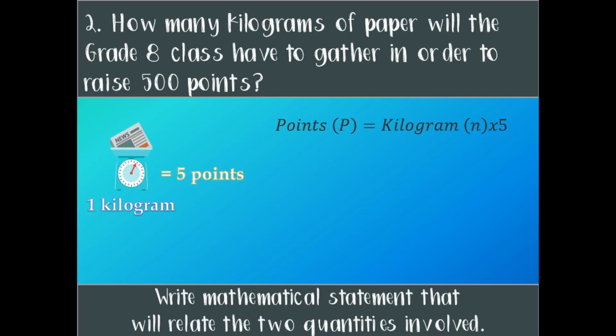Solving for the kilograms, we just divide 500 by the constant ratio of 5. So, kilogram is equal to 500 divided by 5, which gives us 100 kilograms for 500 points. The mathematical statement between points and kilograms is P equals 5N, where 5 is the constant ratio.